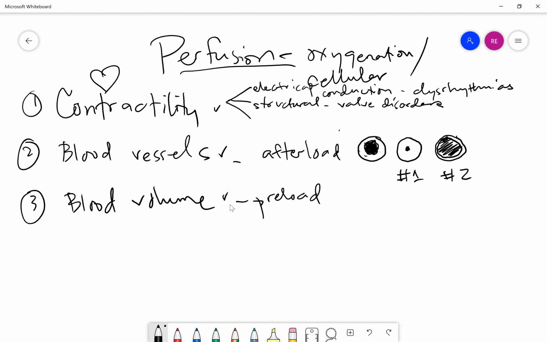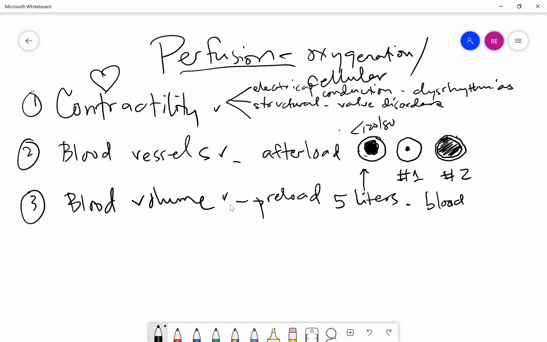So let's say we circulate 5 liters. At any given time, the average blood volume in an average person is about 5 liters of blood. If you circulate 5 liters here, which is the normal size, let's say your blood pressure is less than 120/80.